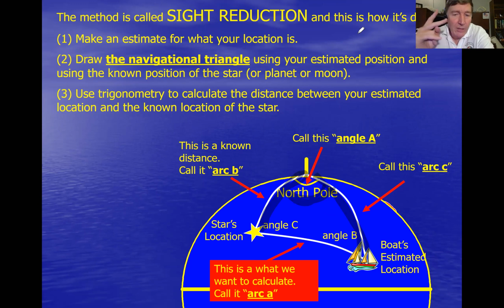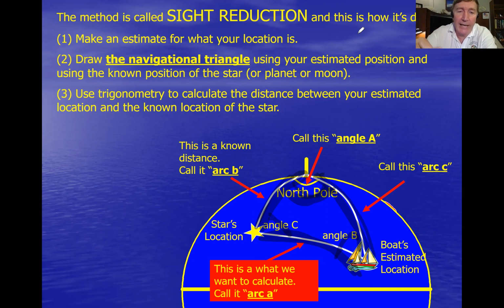If you know two sides and the angle in between, you can calculate everything else you need to know about this triangle. You can calculate how long this side is, what this angle is, and what that angle is. All you need is two sides plus the angle in between, and then you can calculate everything else.